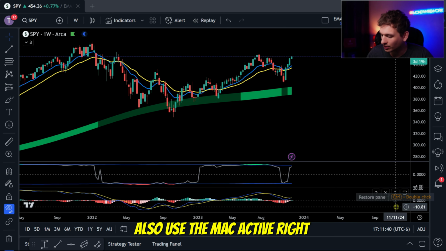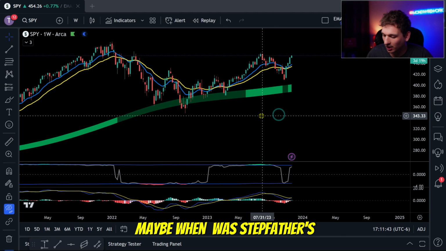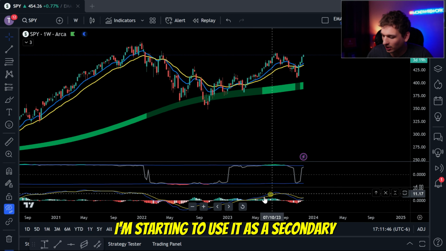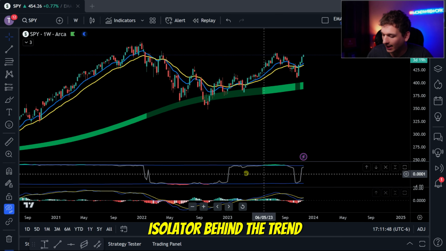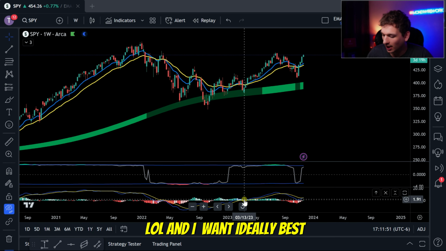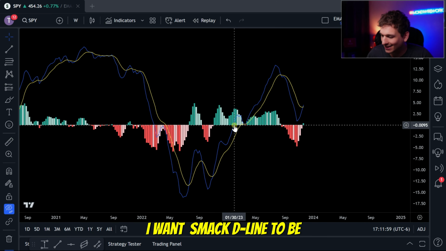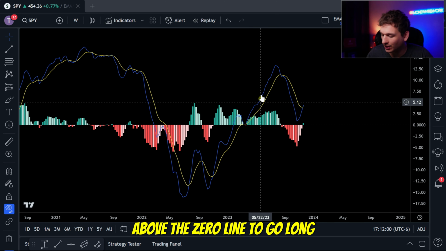You can do something similar. I also use the MACD, right? Everyone that follows this channel knows I use the MACD. And I'm starting to use it as a secondary oscillator behind the Trendillo. Ideally, let me pull it up here, I want this MACD line to be above the zero line to go long.